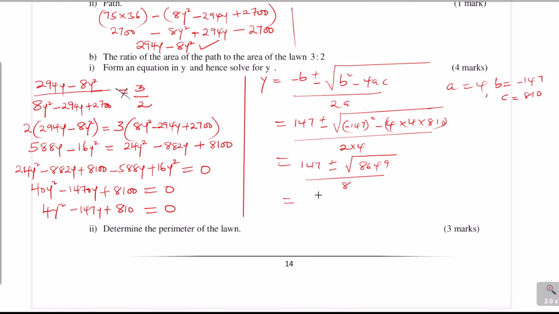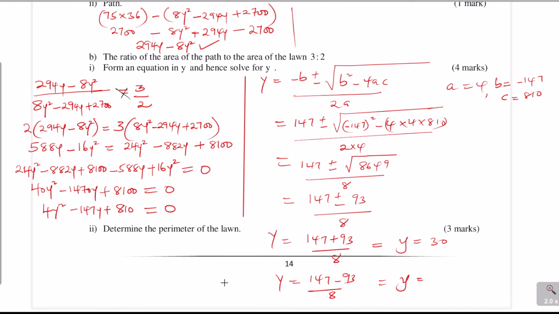So this will give 147 plus or minus, the square root of this will be 93, divided by 8. So the first value of y will be 147 plus 93 divided by 8, and here the value of y will be 30, and the second value will be y is equal to 147 subtract 93 divided by 8. So here the value of y will be 6.75.